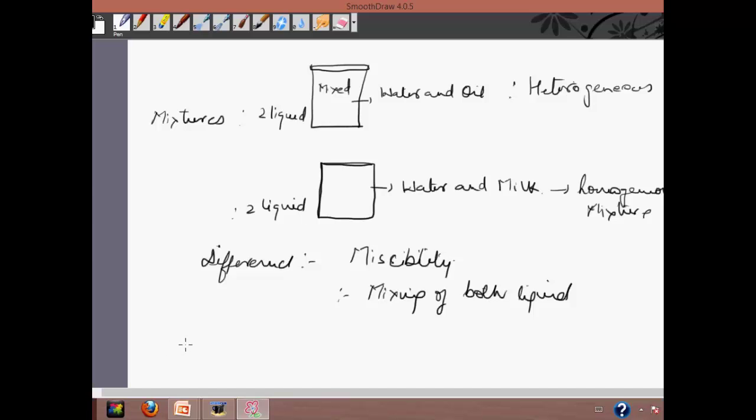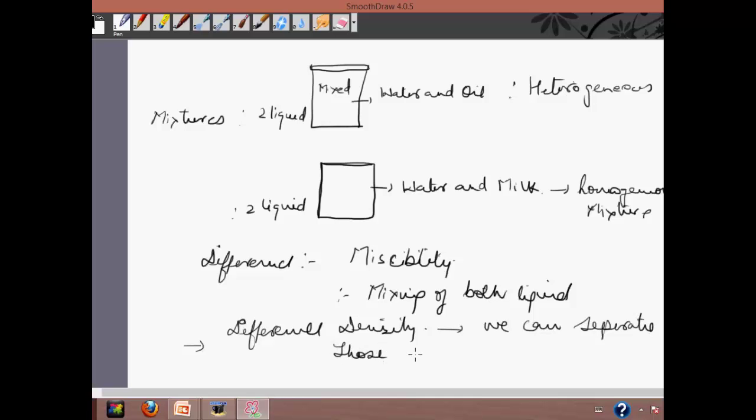As there is immiscibility and they have different density, we can separate those mixtures which are heterogeneous and immiscible.